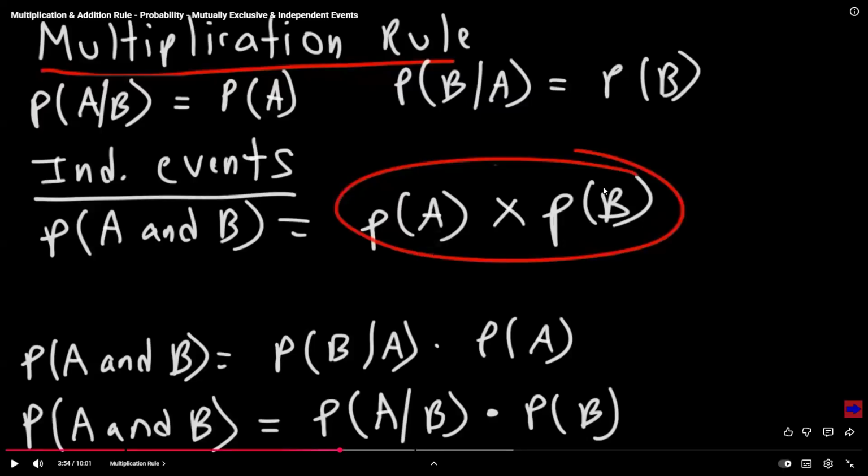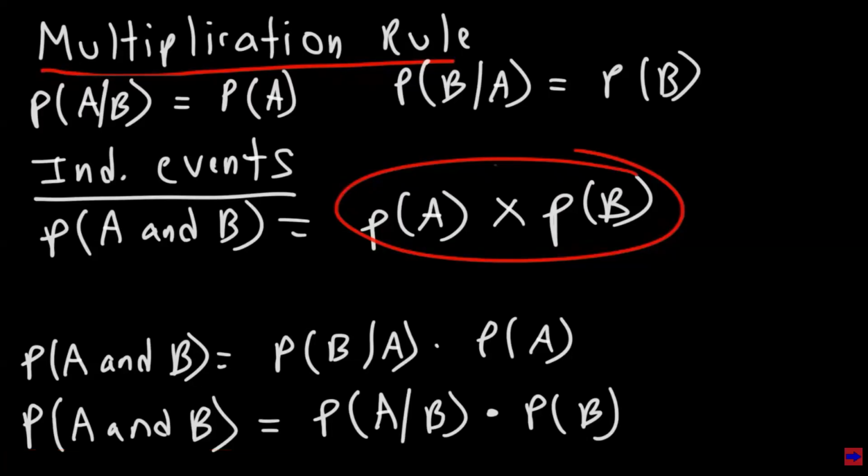This is also a very good point that he mentioned: if the events are independent, if they are not linked with each other, you can just multiply the probability of A times the probability of B. But for conditional probability, when they are dependent on each other, you will use this function. Sometimes events are disjoint, not related to each other, like two events occurring at the same time, such as doing shopping and being a man.